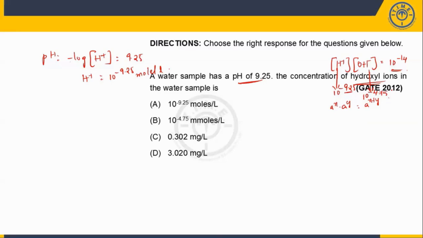10 power minus 4.75. Again, I have the same problem. I don't know why this is happening. What happened, sir? It got stuck.